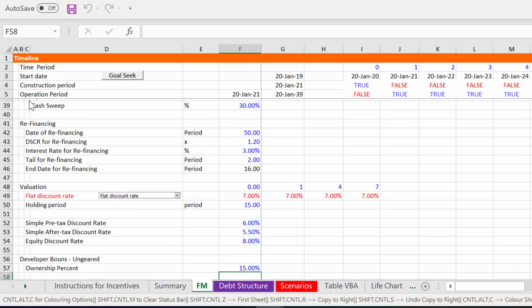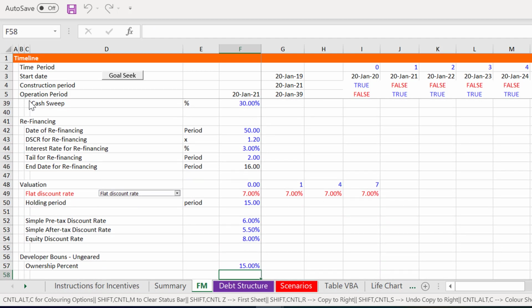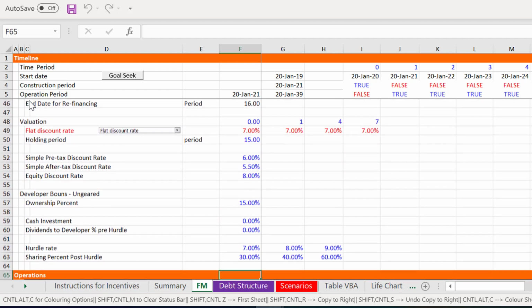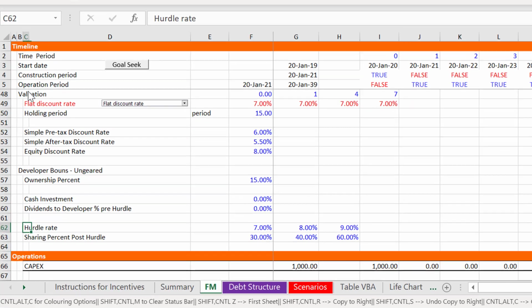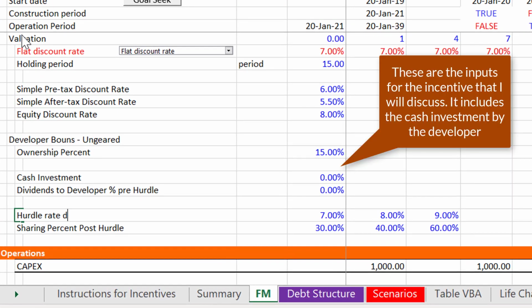And then, after we go through all the inputs on refinancing, I'm going to put this on that page I just showed you. After I make the page, I have a hurdle rate for a sponsor. Okay.